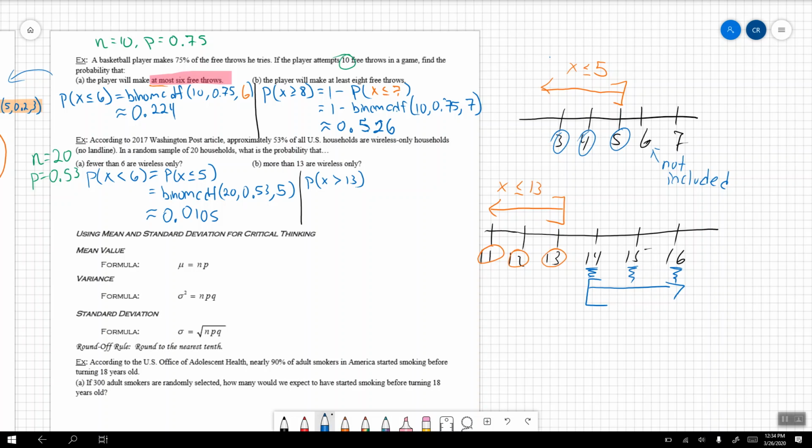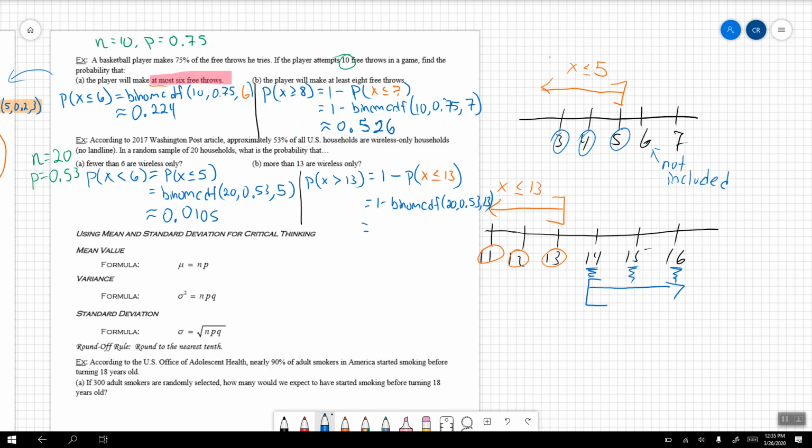So when we write this, we want 1 minus the probability that x is less than or equal to 13. In other words, this is 1 minus the binomial CDF, and then we had 20, 0.53, and then 13.